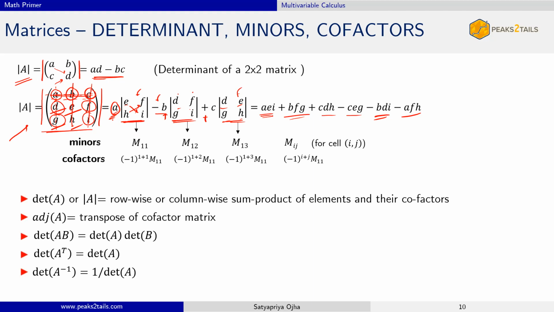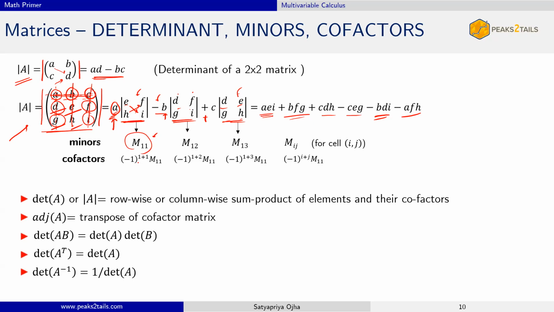Now, for every element, for example, A, there is an associated determinant that we multiply, right? Those are called as minors. And you can denote it like this. M11, 11 means first row, first column, which is A in our case.